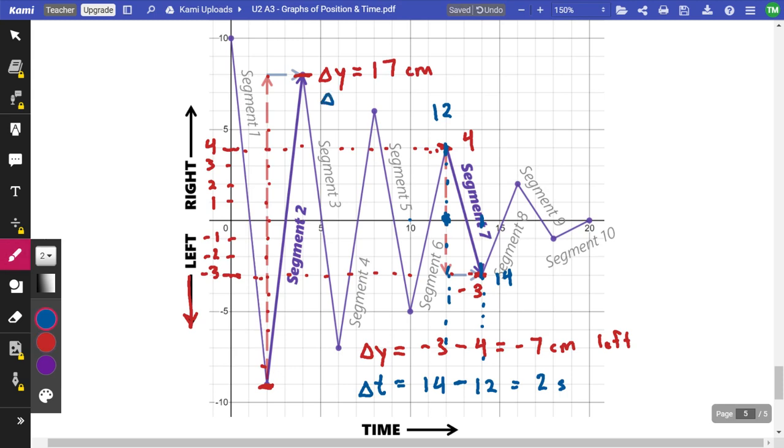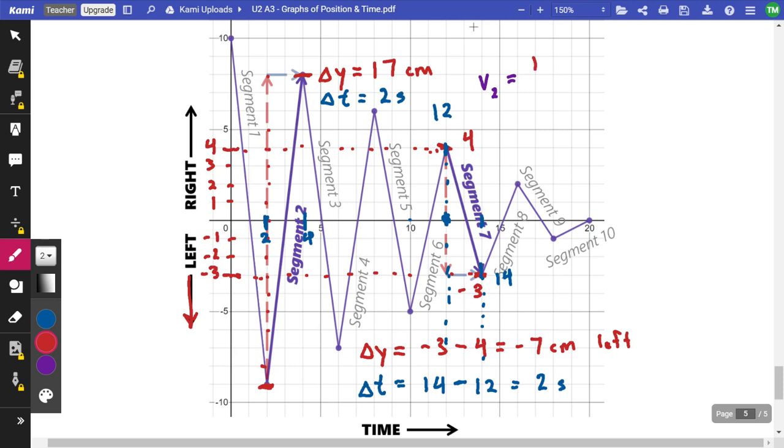My change in time is going to be from here to there, which is from 2 seconds to 4 seconds. So from 2 to 4 seconds, that's 2 seconds of time that goes by. So if I want to calculate the velocity at segment 2, that's going to be equal to the distance that we covered, which was 17 centimeters to the right, aka positive, aka it's going up on the graph.